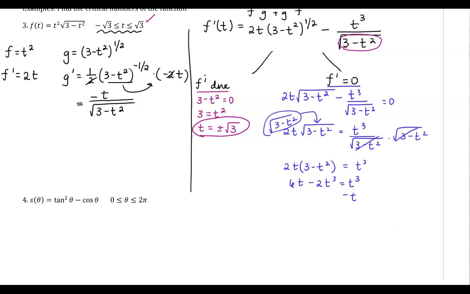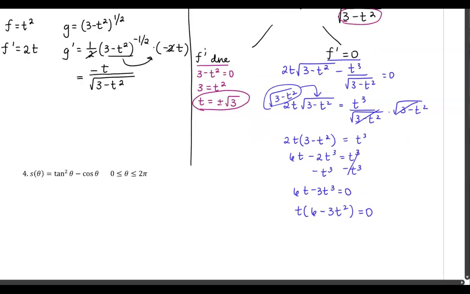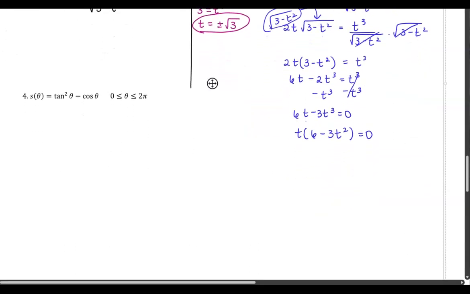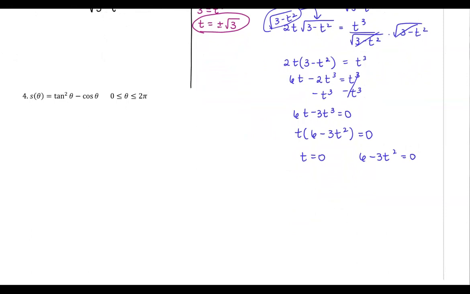We'll get 0 on one side, and I'll set both of these factors equal to 0. The first one is already solved. The second one, I'll need to add 3t squared to both sides of the equation, and then I'll divide both sides by 3, and then I'll take the square root of both sides and remember to do plus or minus.